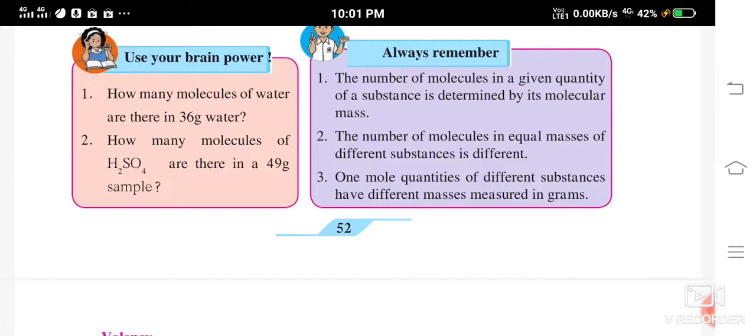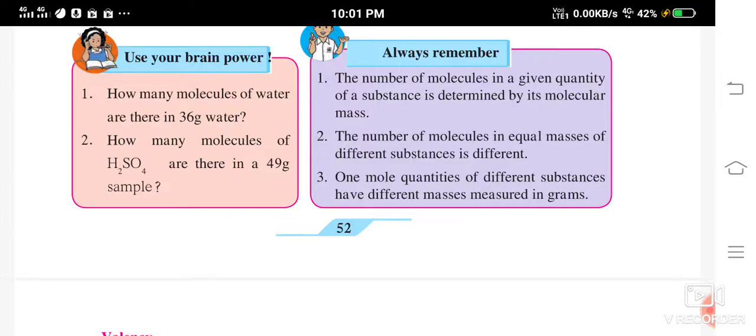So you should be able to do this. How many molecules of sulfuric acid are there in a 49 gram sample? Okay, so 49 divided by the atomic mass of hydrogen, 2 atoms are there, so into 2 will come, plus sulfur plus O4. So that is 16 into 4, right?